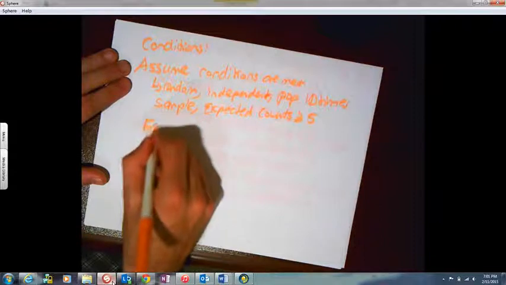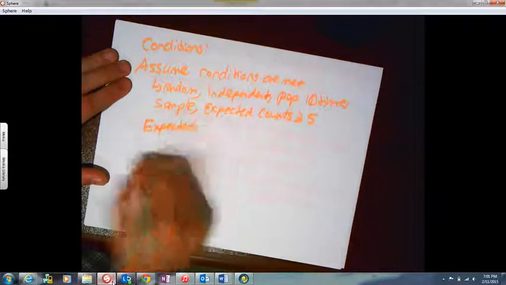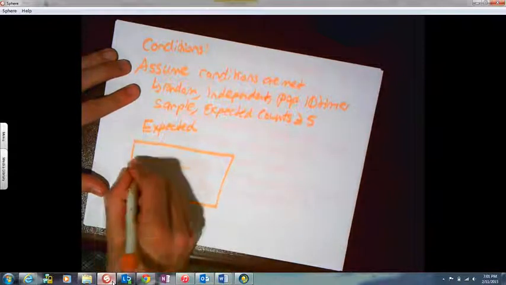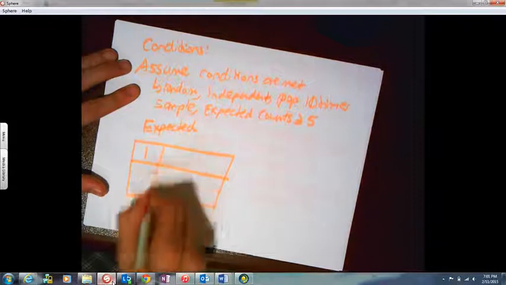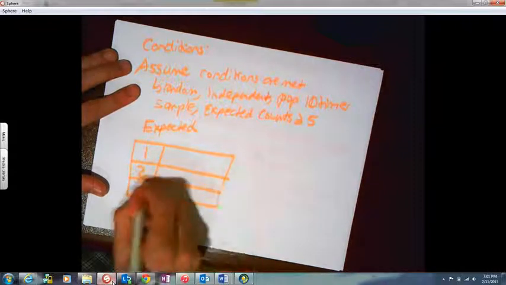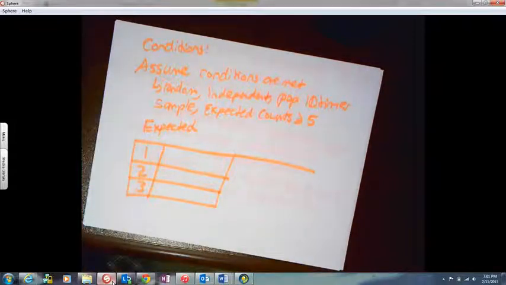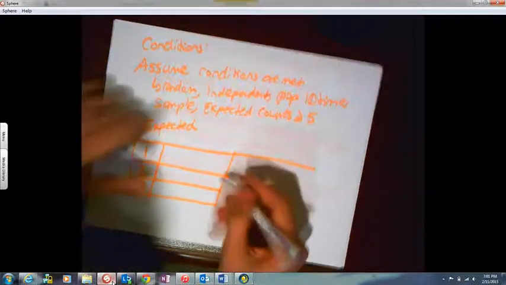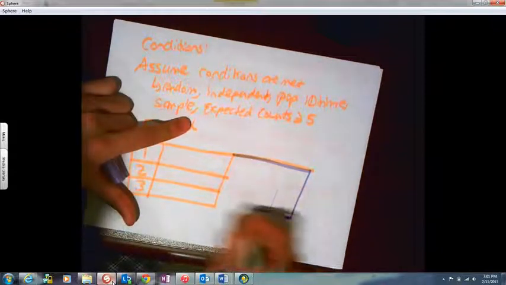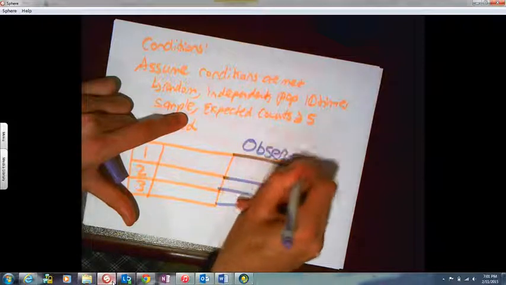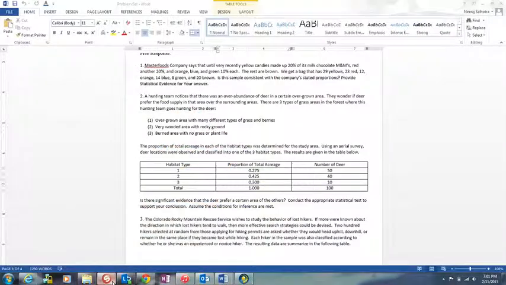So now we want to make our expected table. Habitat 1, 2, and 3 will make this expected. And let me do observed in a different color. So let me do observed over here. This is observed. So what did we observe? Well, we observed 50 deer in habitat 1, 40, and then 10.